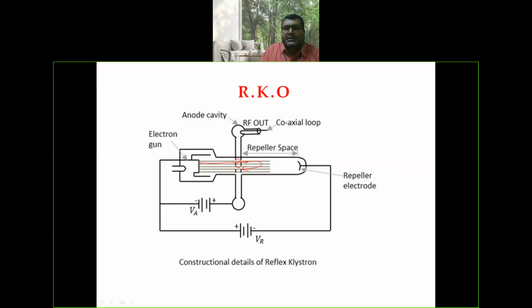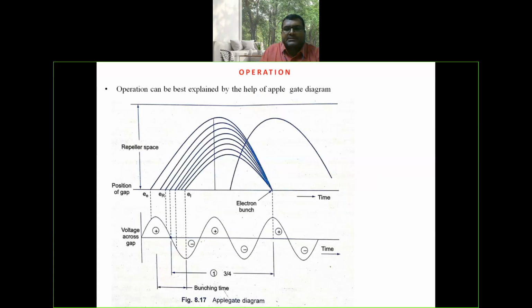The operation of reflex klystron oscillator is explained based on the Applegate diagram. This is the Applegate diagram where the bunching is formed at 1 3/4 cycles from the center of the cavity gap, and that is the case for the dominant mode.